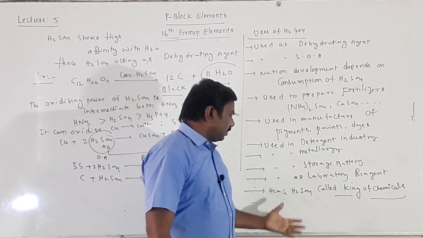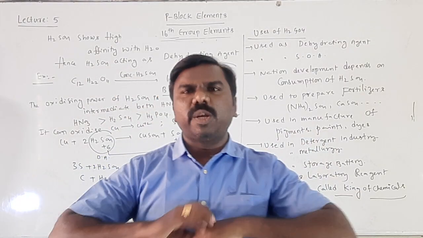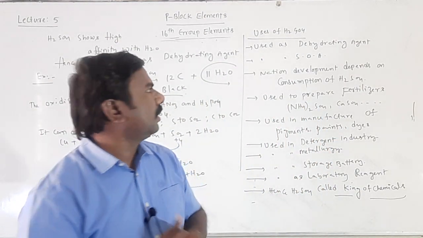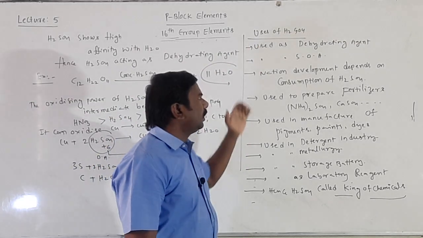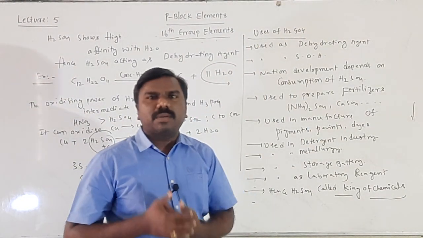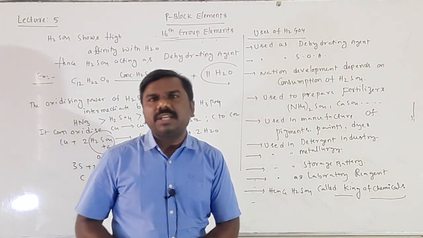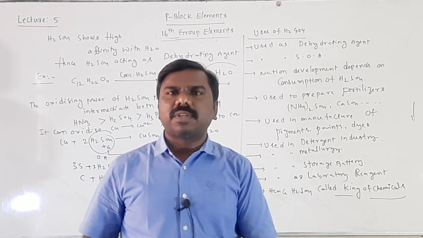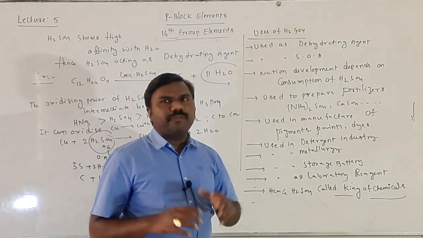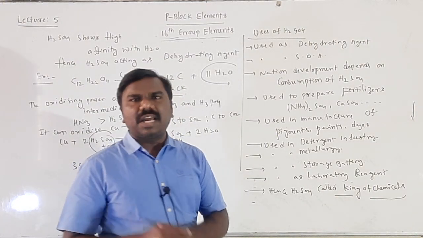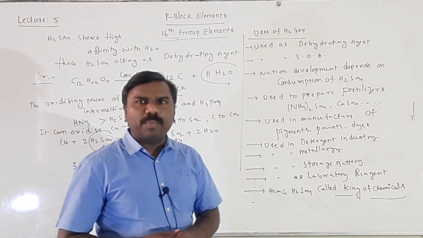H2SO4 is named the king of chemicals because with it you can prepare a wide range of chemicals. It is used as a dehydrating agent and strong oxidizing agent. It is used in the preparation of fertilizers like ammonium sulfate, calcium sulfate, and superphosphate of lime, and in the manufacture of pigments, paints, dyestuff intermediates, the detergent industry, and the soap industry.